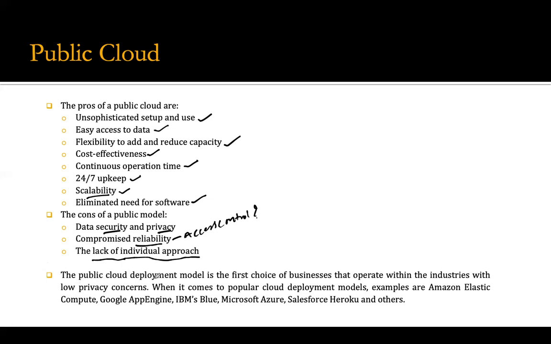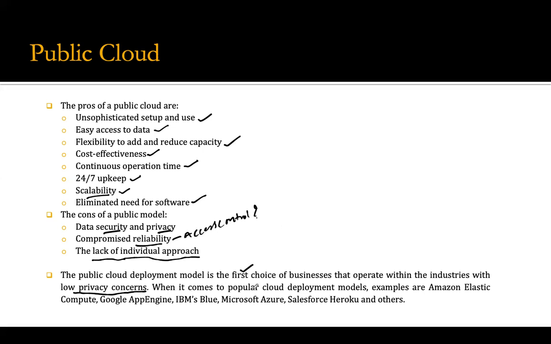The public cloud deployment model is the first choice of businesses that operate within industries with low privacy concerns. So if anybody doesn't require so much privacy for their data, they can always go for the public cloud.